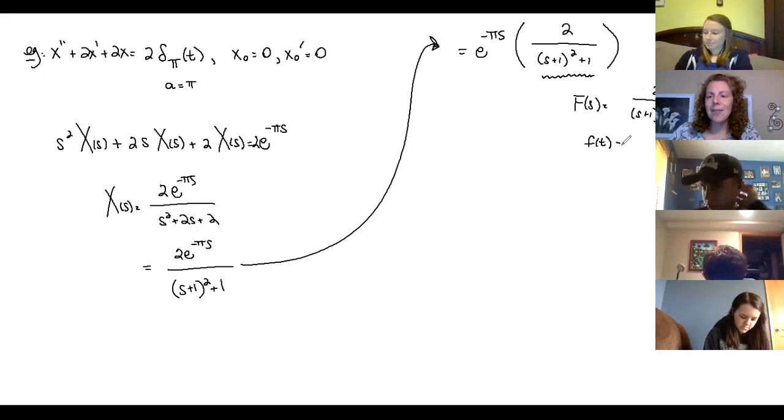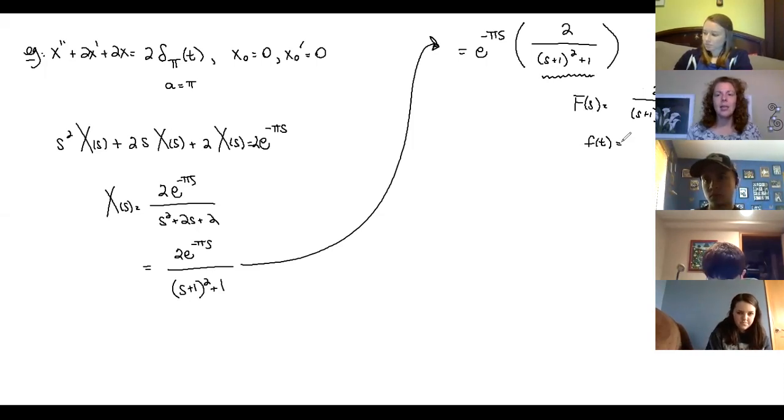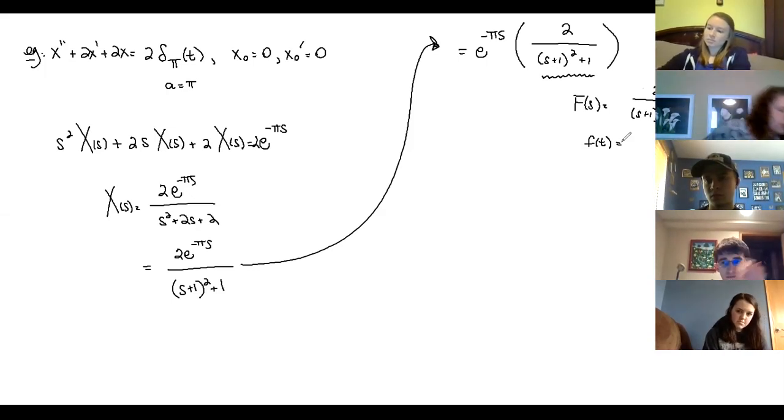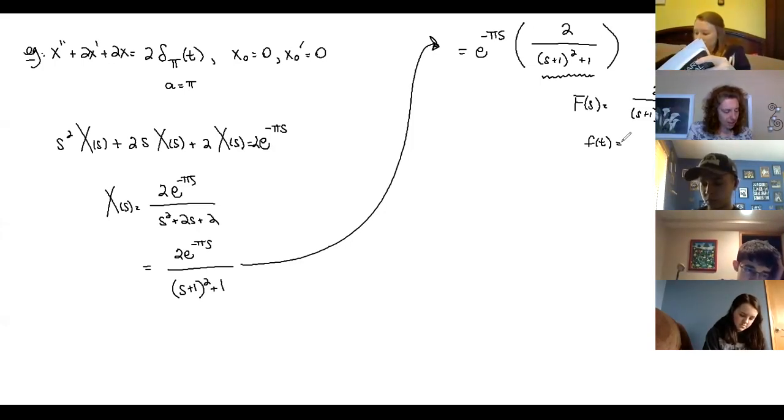What's my little f of t then? Front of your book, what happens when you have an s plus 1 instead of just an s? This is a sine, but I've got an s plus 1. So, front of your book, I need the second column, 1, 2, 3, 4, 5, 6, 7, 8th one down.